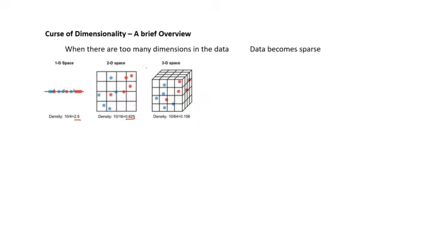And now the same 10 data points are arranged in a 3D space, and see, this is so much more sparse, and in fact the density is 0.156. So as the dimensions increase, as in the x-axis, the density, which is the y-axis, decreases.